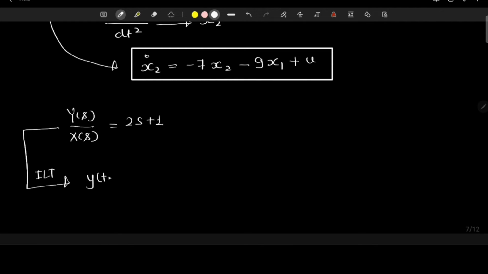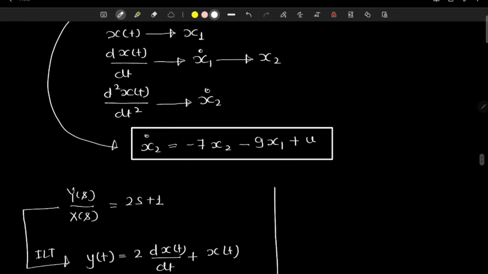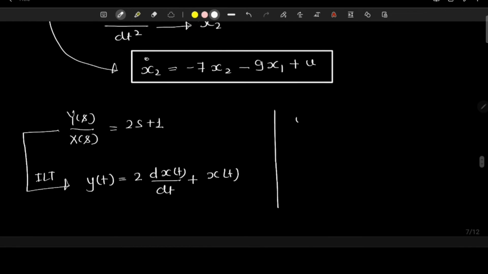So y of t will be equal to 2 dx of t by dt plus x of t. I have taken x of t as x1 and dx of t by dt as x2, right? So I can write y of t is equal to 2x2 plus x1.